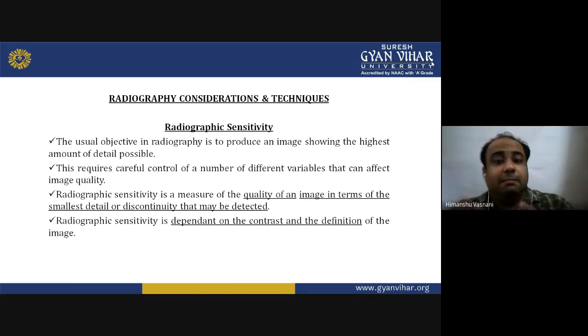Radiographic sensitivity is a measure of the quality of an image in terms of the smallest detail or discontinuity that may be detected. Radiographic sensitivity is dependent on the contrast and the definition of the image.